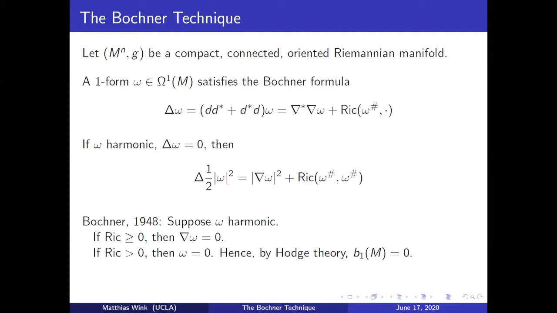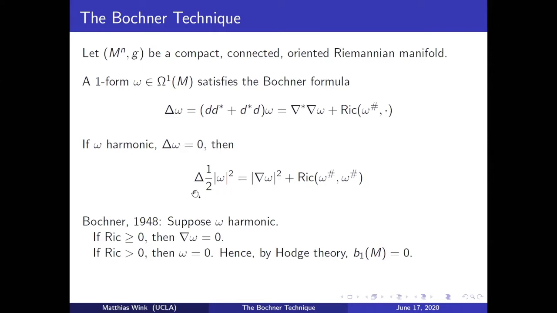So what do we get out of this? Well, let's suppose the Ricci curvature is non-negative. Obviously the norm squared is always non-negative, so we know that the Laplacian of the norm of omega squared is non-negative. Now we're on our compact manifold, and the maximum principle will tell us that the norm of omega squared actually has to be constant.